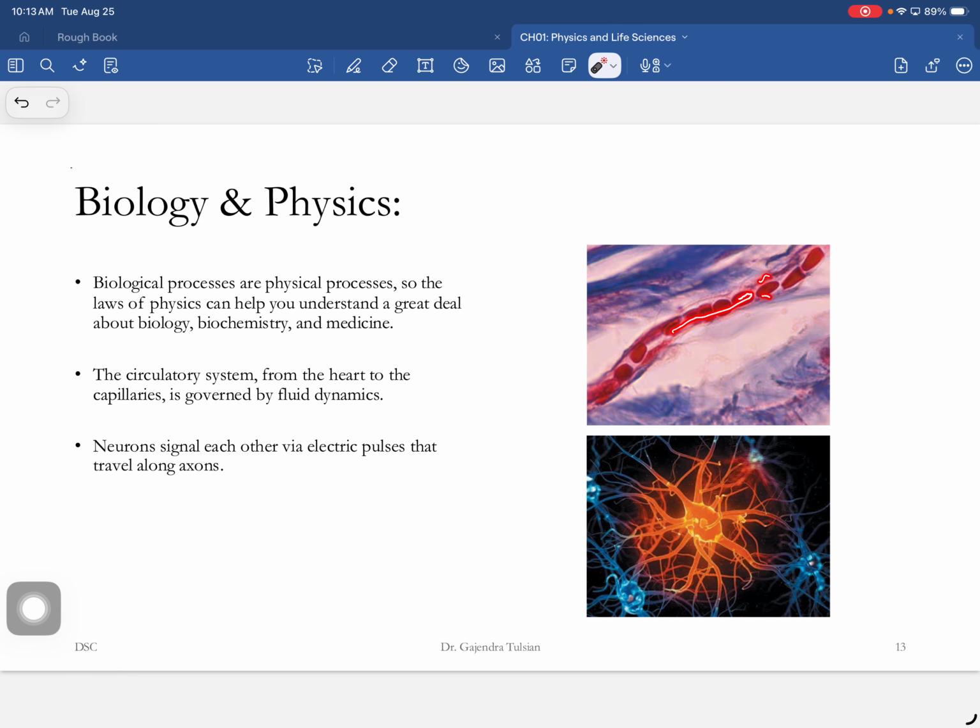If this was slightly wider and maybe 1.5 could fit in, then there would be higher friction. And if there's higher friction, what's the problem? Blood clot? No, your heart would have to work harder. High blood pressure. So everything is designed for good reason.